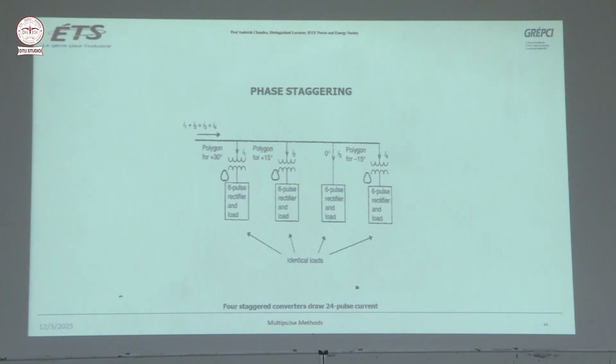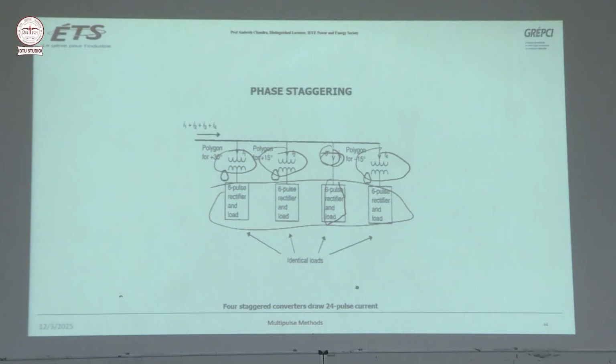Then this is also popular sometime, that you have identical loads, and directly you can connect one 6 pulse converter, and since you have 4 converters, so 60 divided by 4, 15 degree phase shift. So each has, this is minus 15, this is 0, this is plus 15, and this is plus 30.